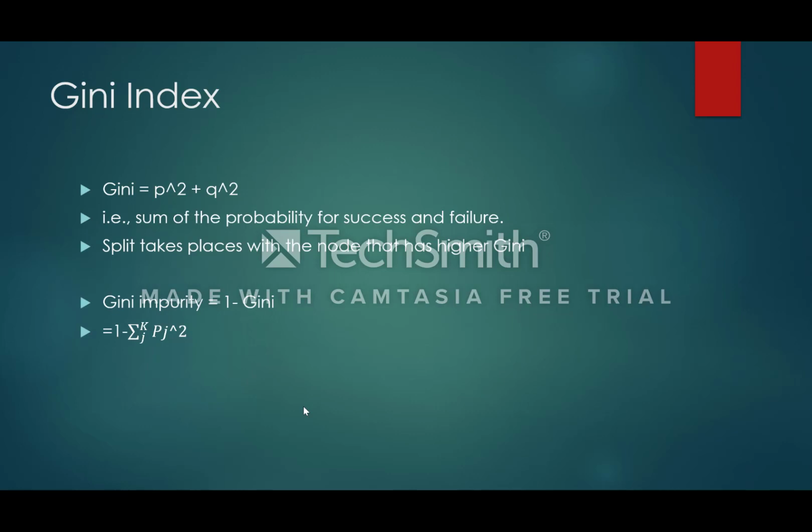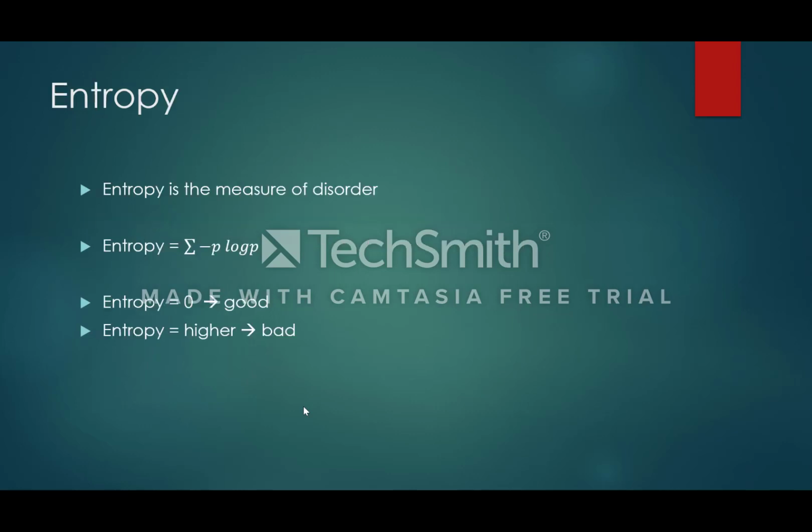Gini impurity is 1 minus Gini, which is equal to 1 minus the summation of pj squared, where p1, p2, up to pk are the probabilities in our nodes, and k is the number of classes.